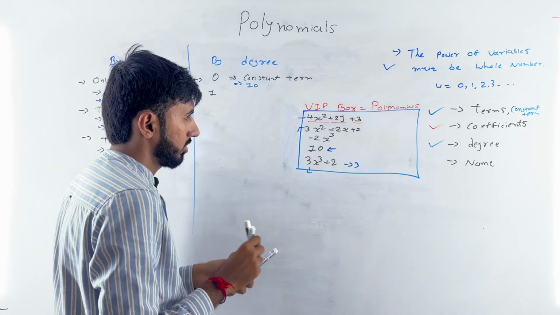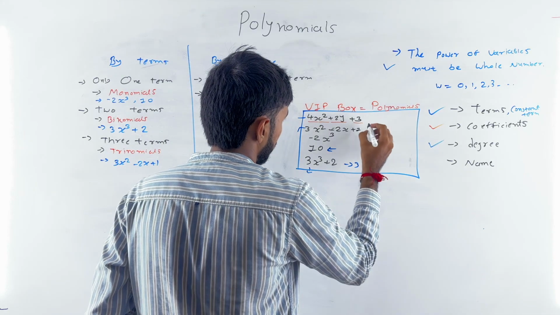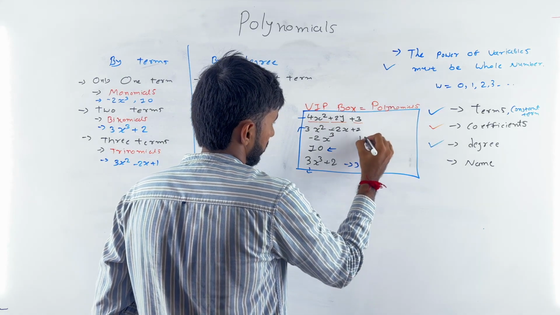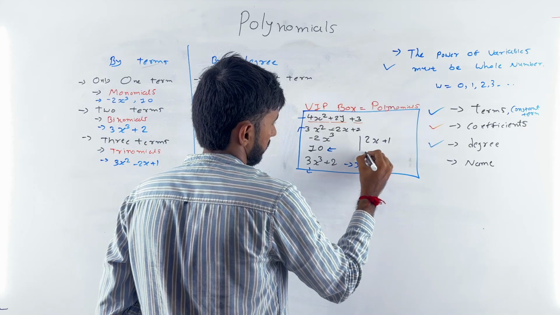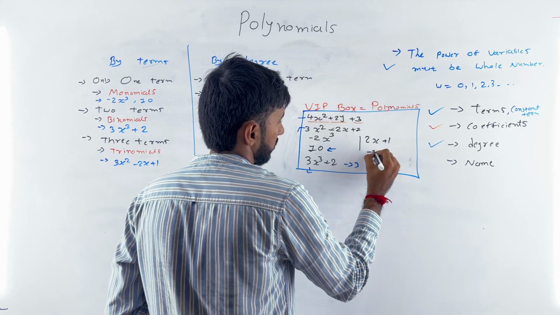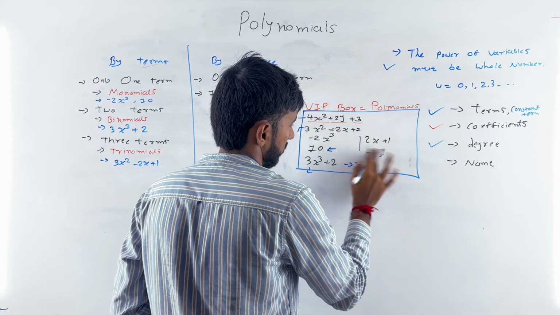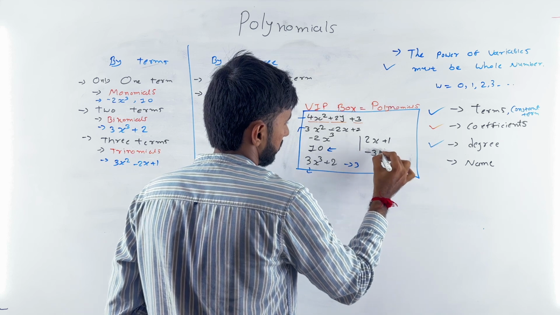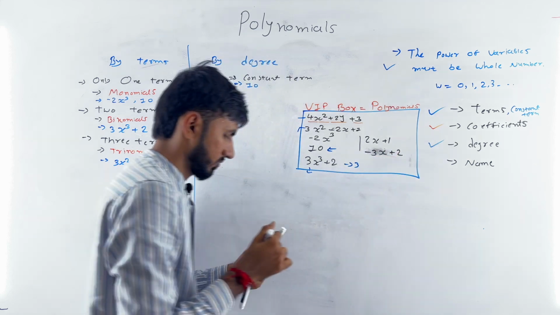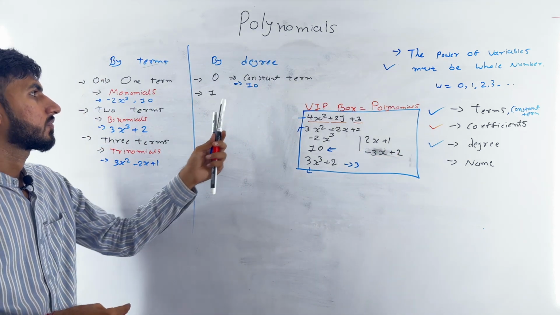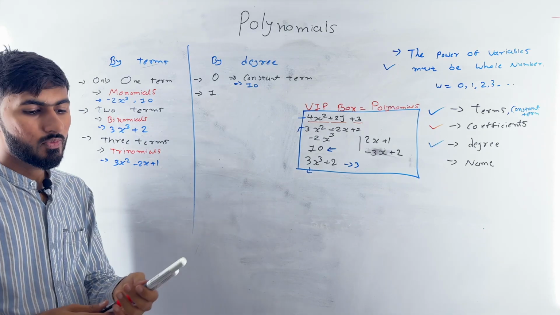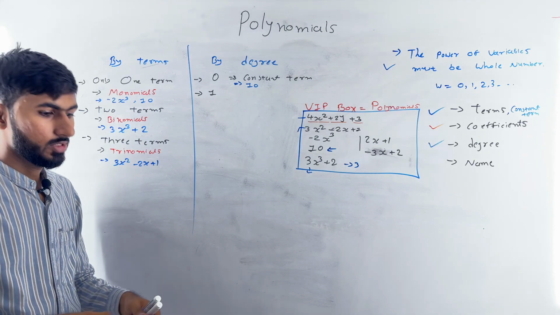I have to add some examples here. Let's say 2x plus 1, minus 3x plus 2. Now we will see, what if the degree of the polynomial is 1, right?